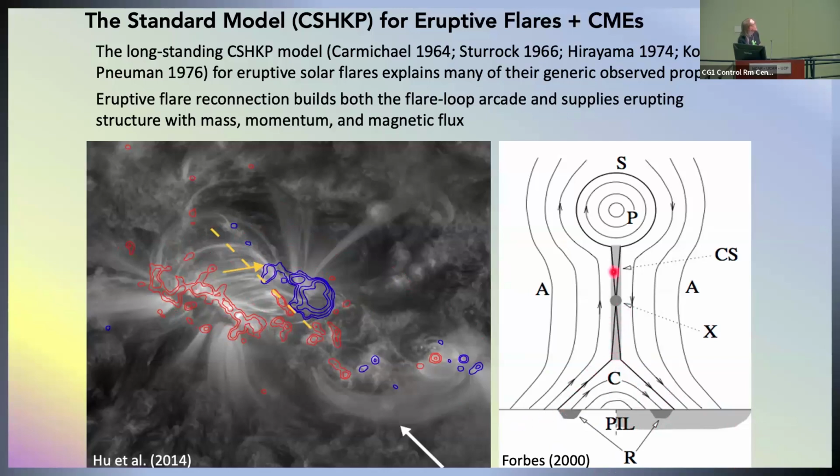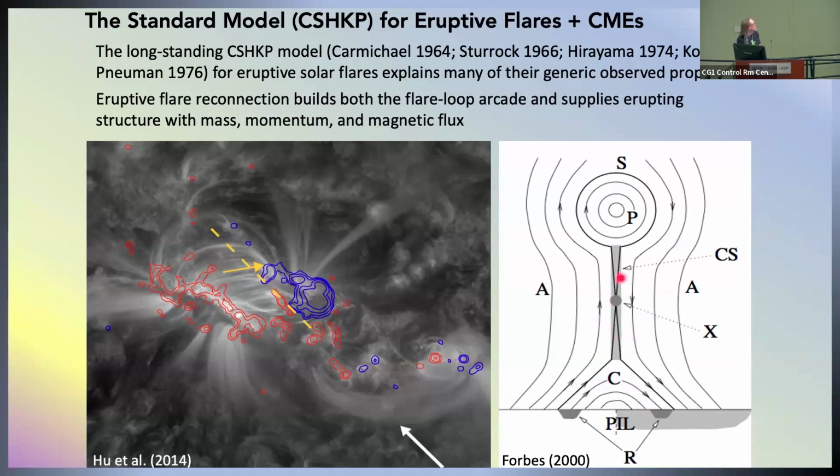And then up above that somewhere is your eruptive flare current sheet. So it's up above this arcade. All of these loops here are basically loops that reconnected and got drawn down and energized.